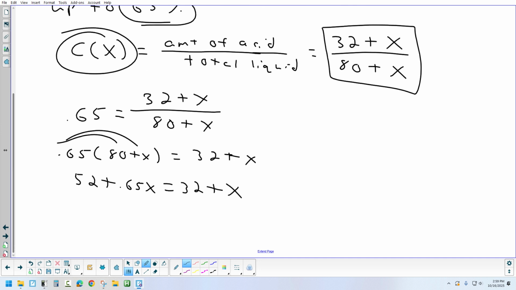Okay, now let's finish solving for X. What would be my next step? Yeah, please. Subtract 32 and divide by 0.65. Okay, so subtract the 32, that's good. What else would we do? Oh, subtract 0.65x. Yep, subtract 0.65x.